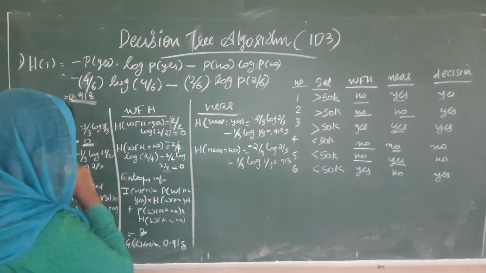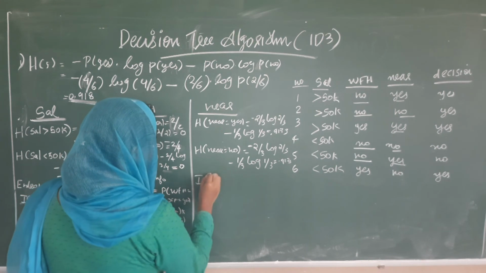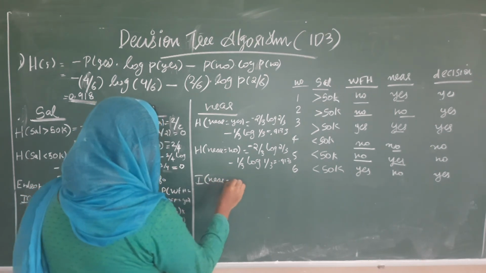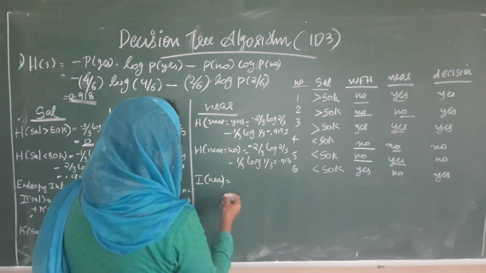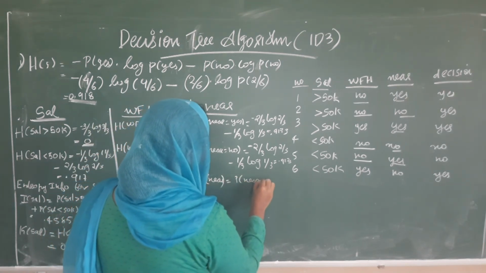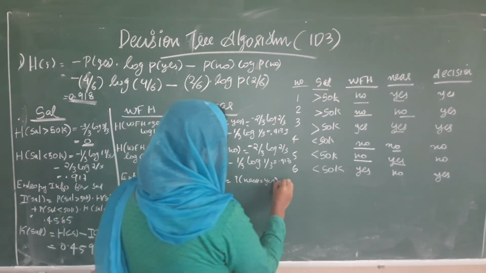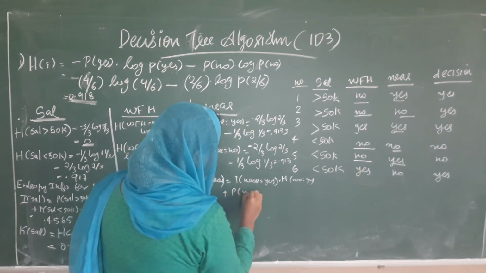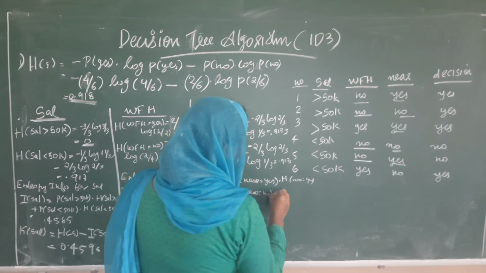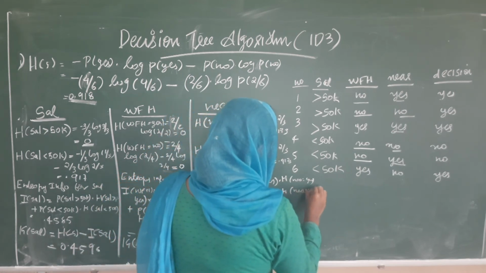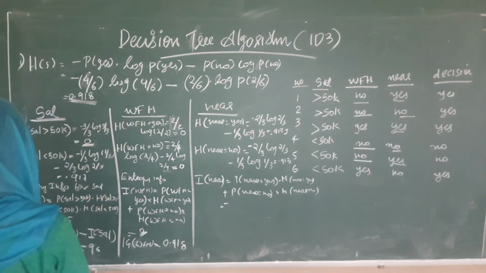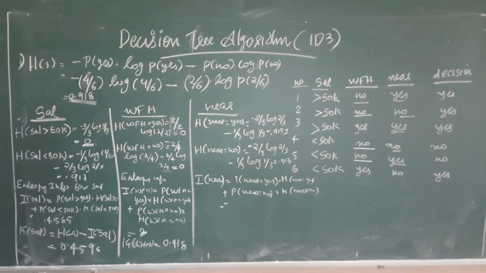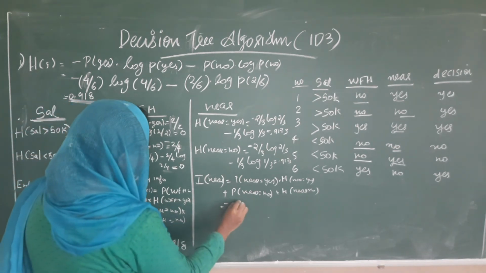Okay. Now we will get the entropy information. So I of near is equal to, as you know, the equation is probability of near is equal to yes into H of near is equal to yes plus probability of near is equal to no into H of near is equal to no. So when you do this computation, you will get the result 0.917.